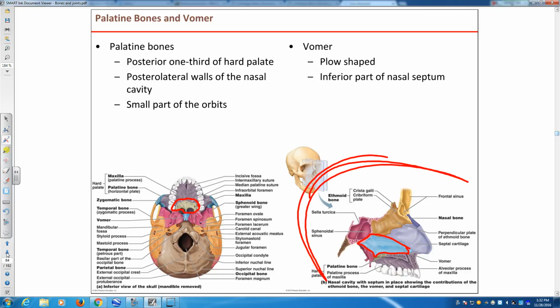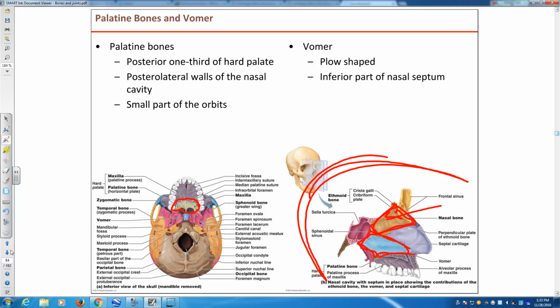okay, right here, it is a mid-sagittal section of the skull. Does that make sense? Skull being cut exactly at the middle. And you can see the perpendicular plate of the sphenoid bone right here, forming the superior portion of the nasal septum.